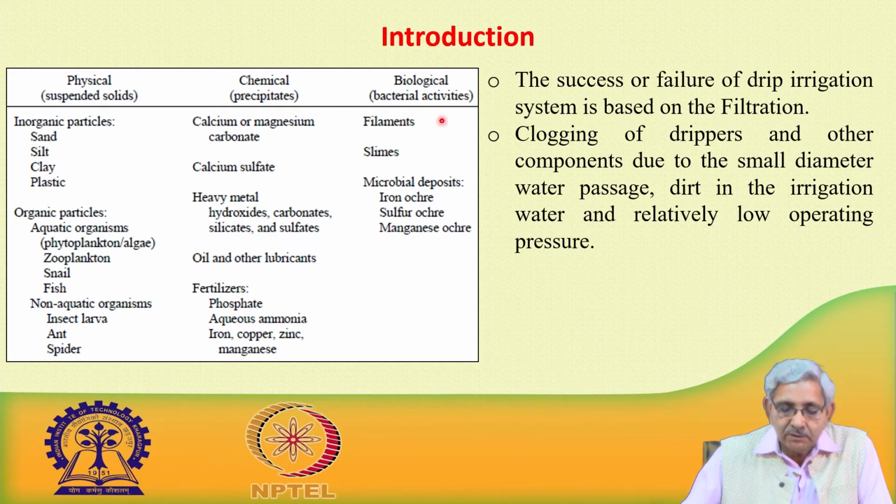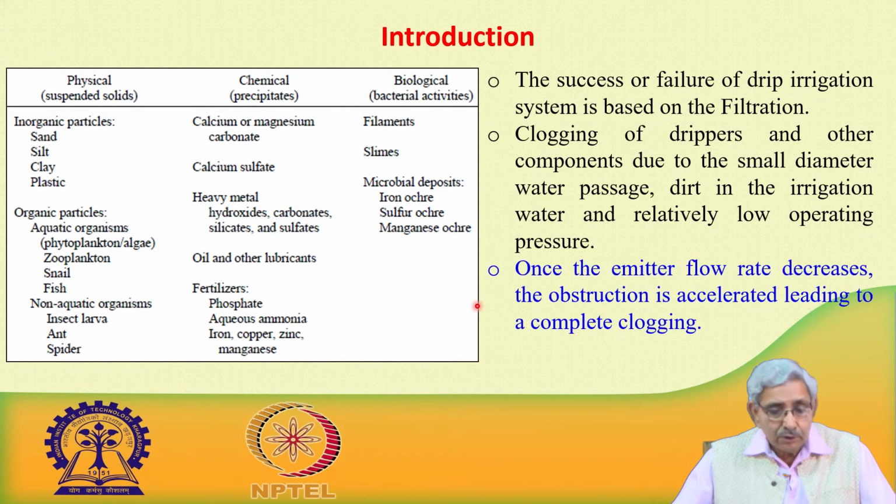Then biological elements means activities due to availability of filaments, slimes, microbial deposits, where iron occurs, and then sulfur as well as manganese occur. These kinds of elements are biological activities and they cause clogging.